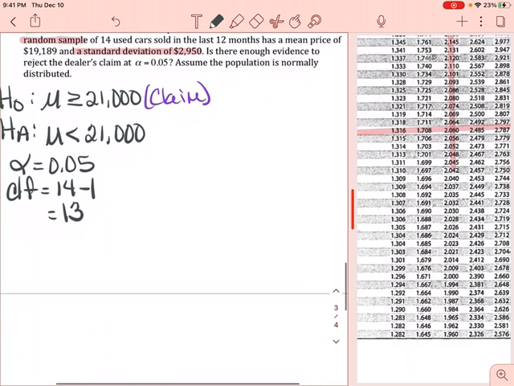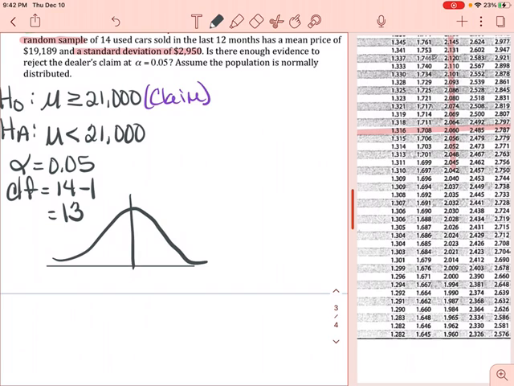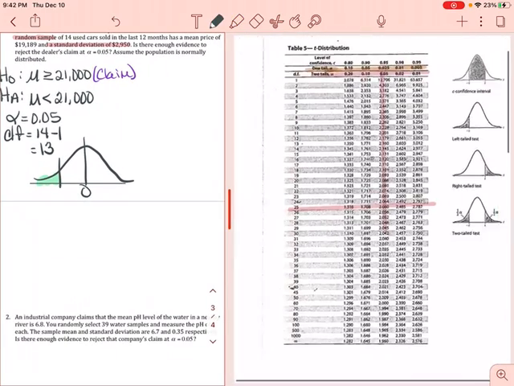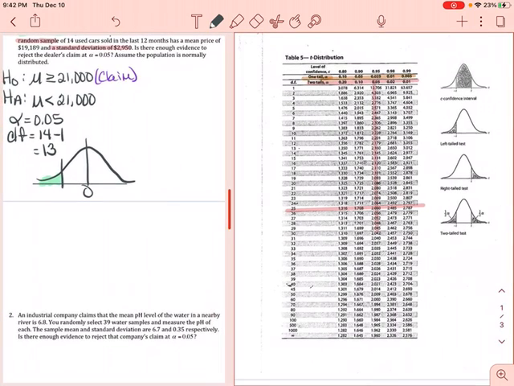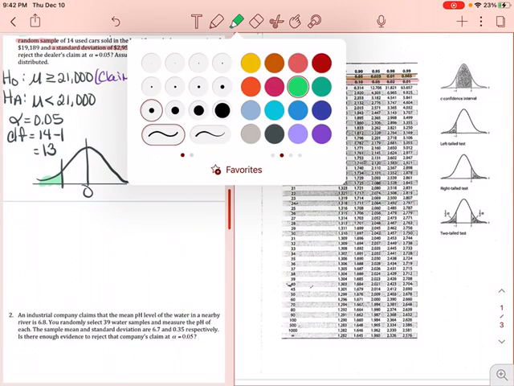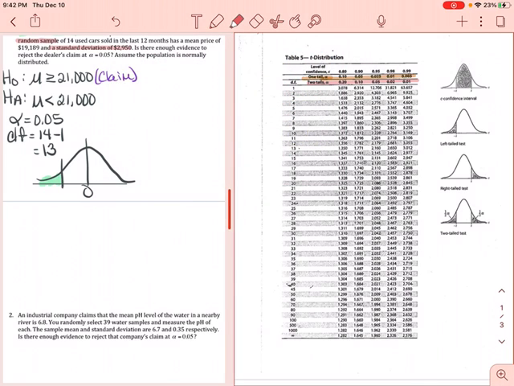Oh, let's draw our picture first. I'm sorry. So let's create our rejection region. Okay. This is a left tail test. How do I know? It's H sub A. Again, remember it's H sub A. So come over here. Okay, so we're using the one tail test because it's left. And I'm going to use my row 13.